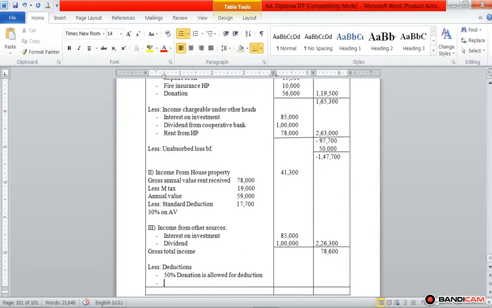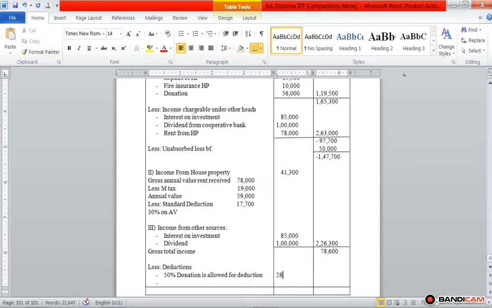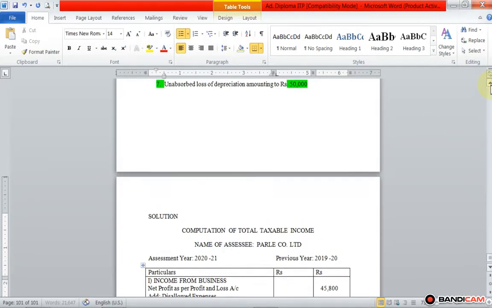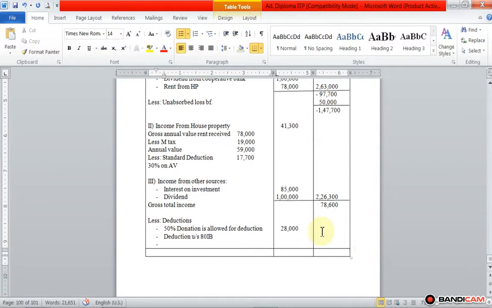So 50% of 56,000, that is 28,000, and deduction under section 80IB, that is 30,000. So here the total is 58,000.